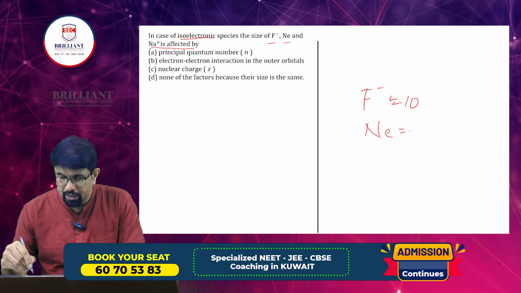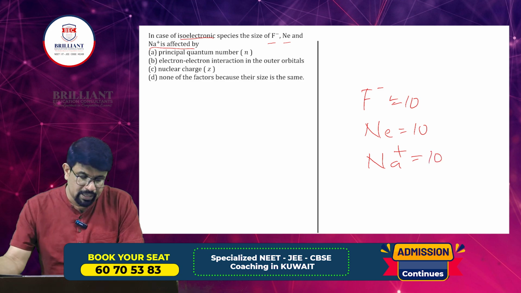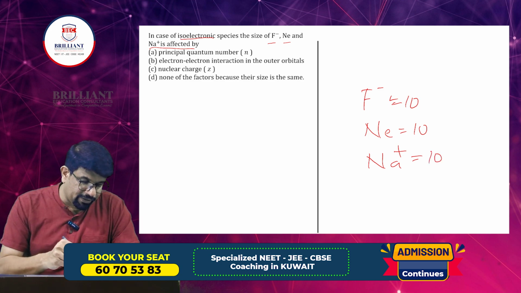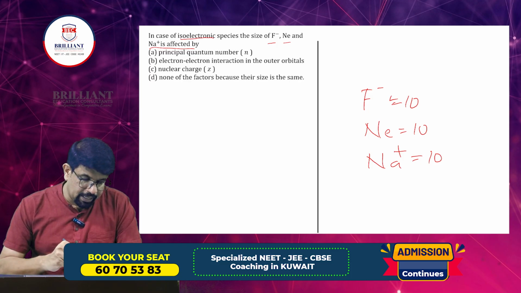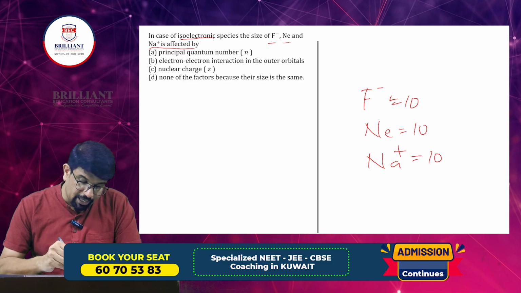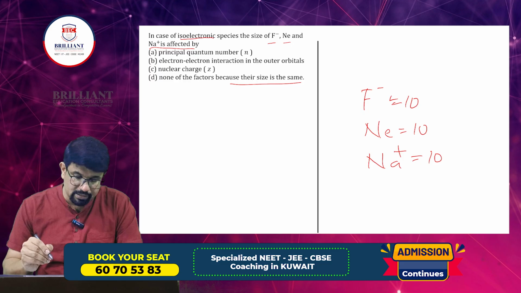Neon also has 10 electrons, and Na plus is 11 minus 1, that is equal to 10 electrons, right? So what are the factors affecting it, they are asking, right? Principal quantum number n. The electron interaction in the outer orbitals. Then nuclear charge. None of the factors, because their size is the same.